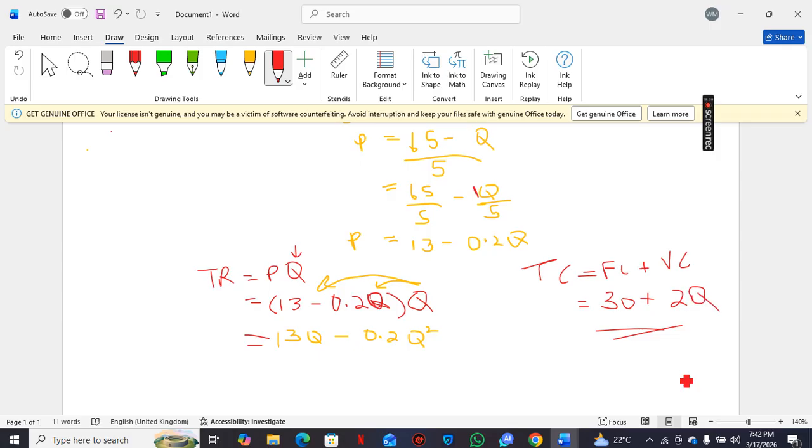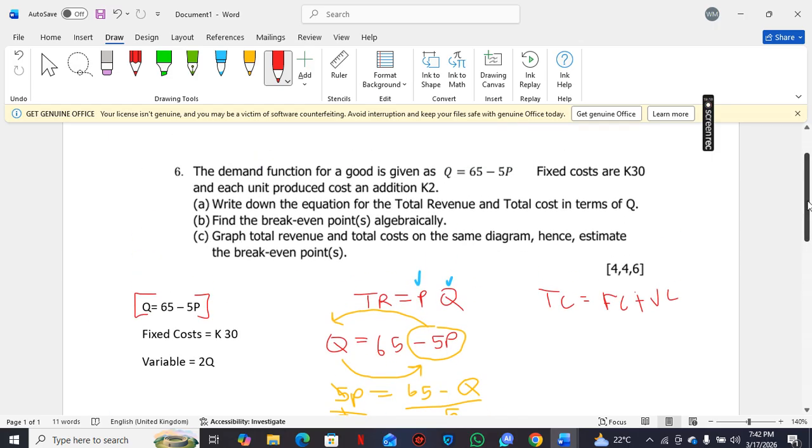Very simple, right, colleagues? Very easy. So we've done part A. We wrote down total revenue and total cost in terms of Q.